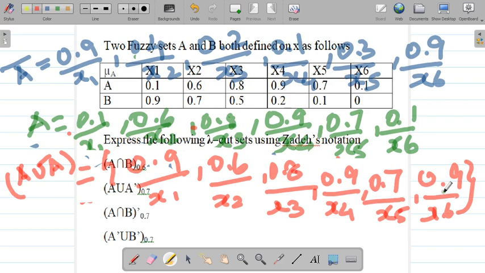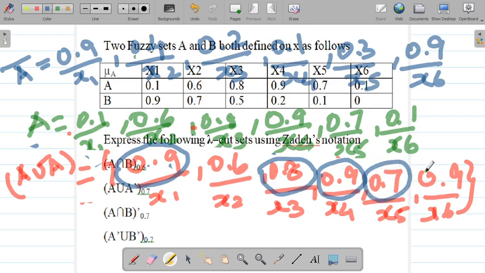Here they are asking A union A bar with lambda value 0.7, which means we choose the values greater than or equal to 0.7. So the first one, x1, satisfies the condition, next one 0.8 satisfies the condition, then 0.9 satisfies the condition, then 0.7 satisfies, and 0.9 satisfies the condition.